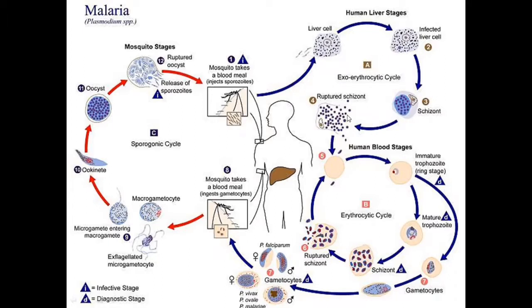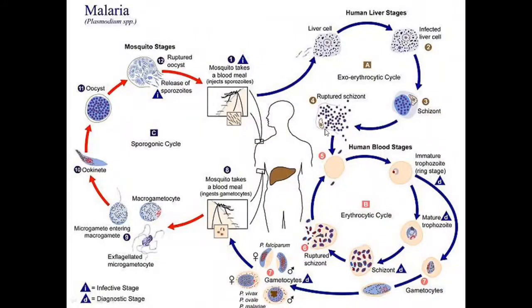So this cycle in the liver is called the exoerythrocytic cycle, whereas in the RBCs it is called the erythrocytic cycle, whereas over here in the mosquito this is called the sporogonic cycle. The exoerythrocytic cycle and the erythrocytic cycle are the asexual cycles, or the schizogonic cycles.